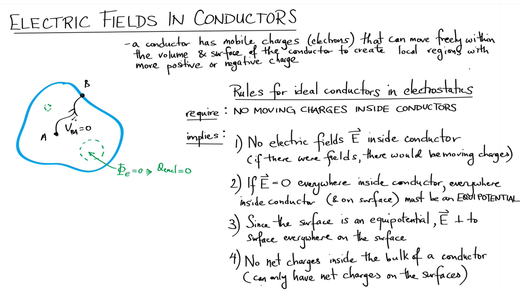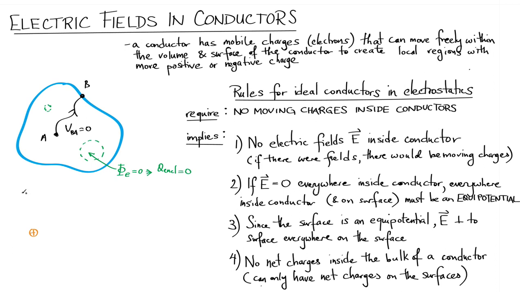All right. So what this is going to look like then is if you imagine I'm going to bring some positive charge, let's imagine I have a point charge out here, right? So what the electric field is going to look like from this point charge will be something like this, right?